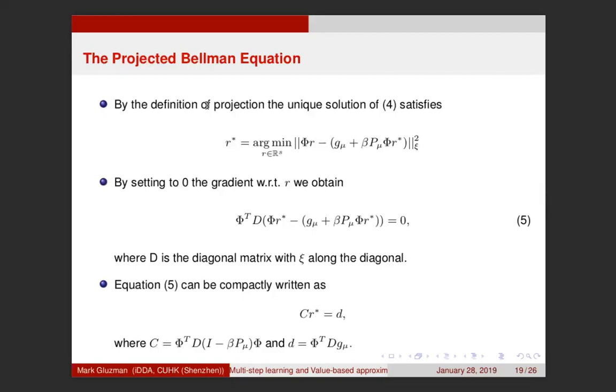So how can we find r star that is a solution of equation 5? Equation 5 can be compactly written as C r star is equal to D. Basically, we just write equation 5 as a system of linear equations, C r star is equal to D, where there is a description of what C and D are, based on equation 5.